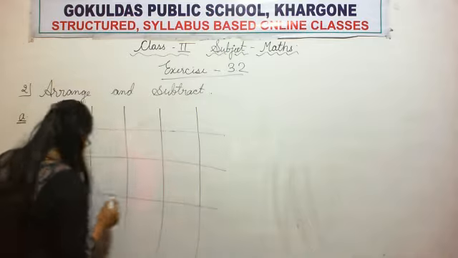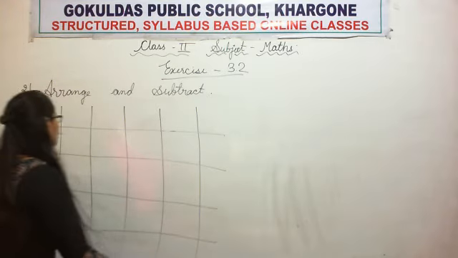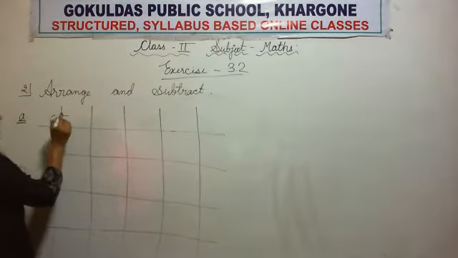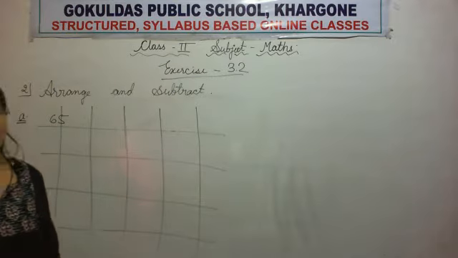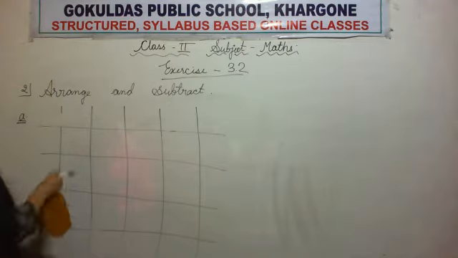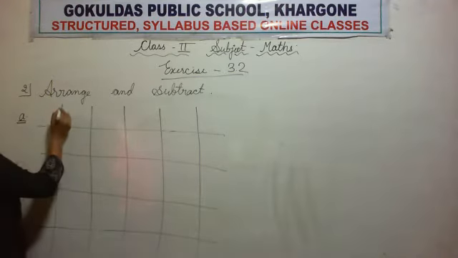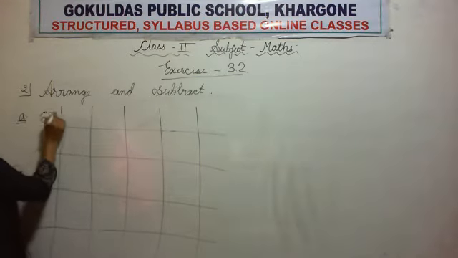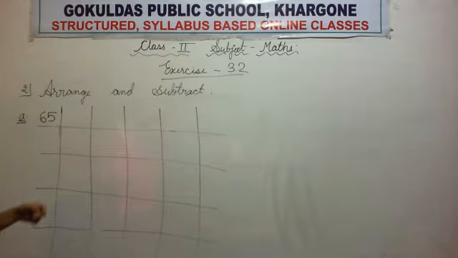You should not write like this. This is wrong. Write one number in one box. You want to write 65, so this is the right way of writing. This will look good in your copy.